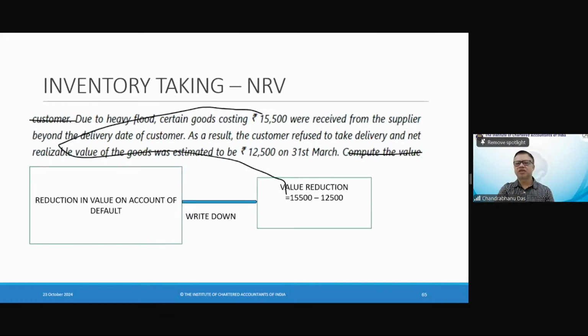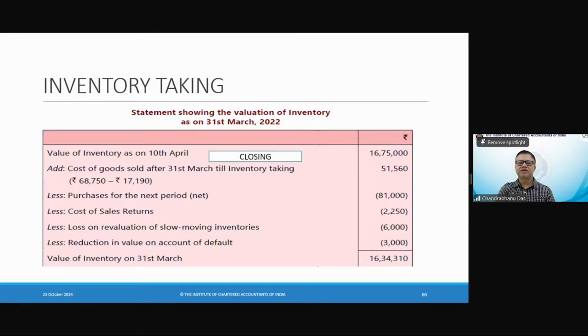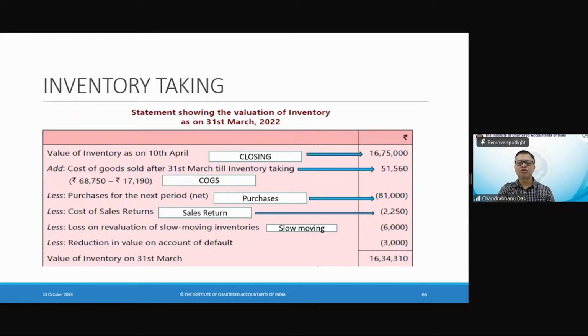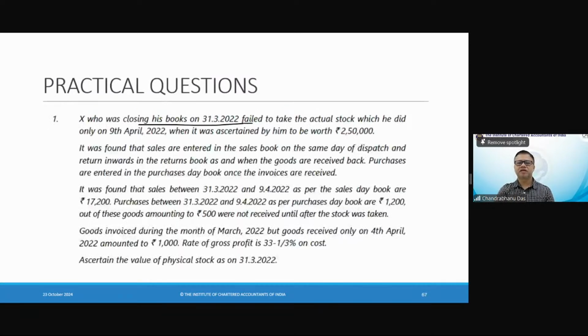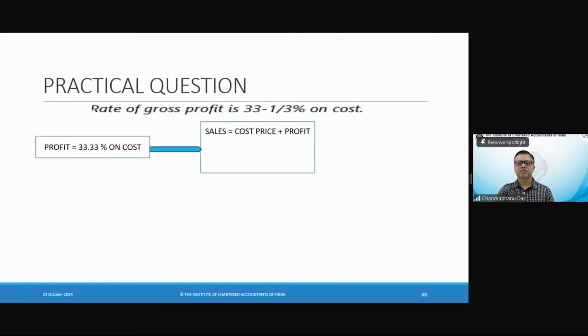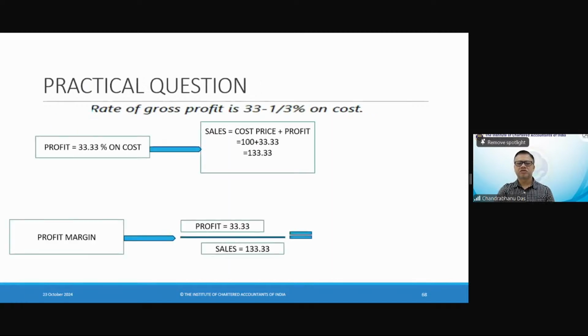This is another way also. They can say 15,500 and the customer is estimated to take it at 12,500, so you reduce the value accordingly. And then what treatment you give in the valuation of inventory. I have given these equations to you.